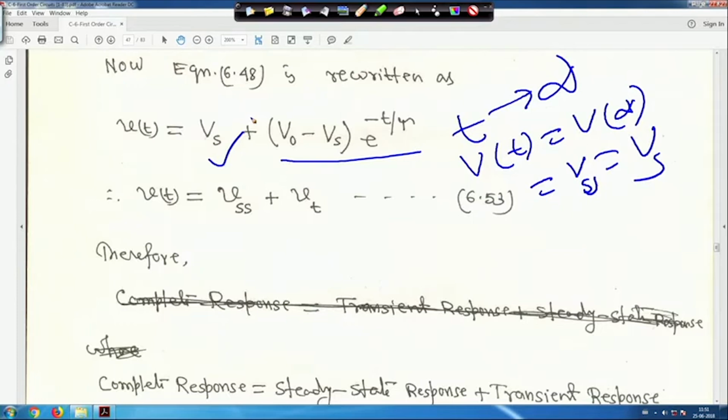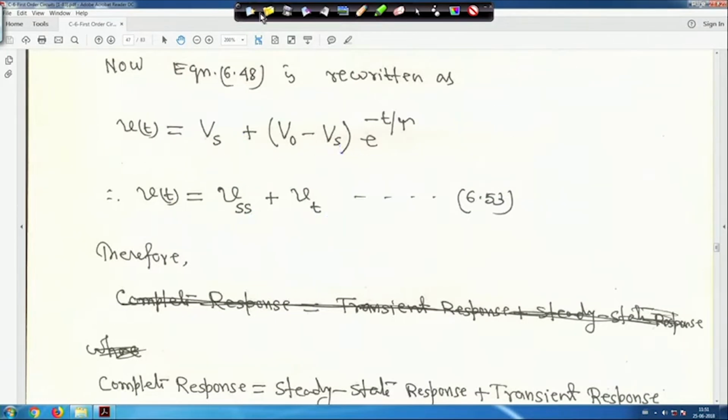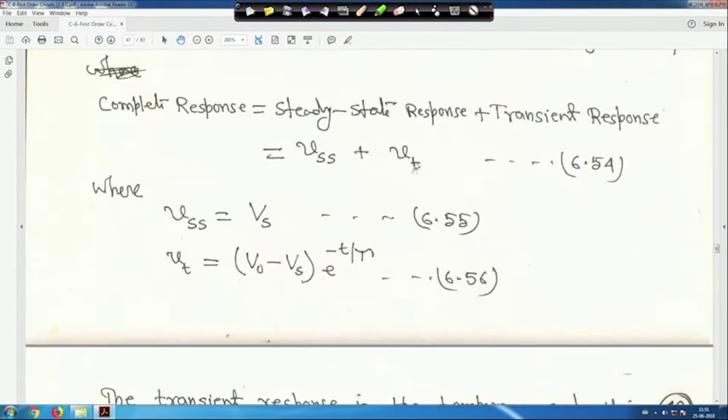So, this is your steady state value Vs, and this part is the transient part, and this part is the steady state part. So, Vss is equal to Vs, and this is the transient part, this is equation 55, this is equation 56.